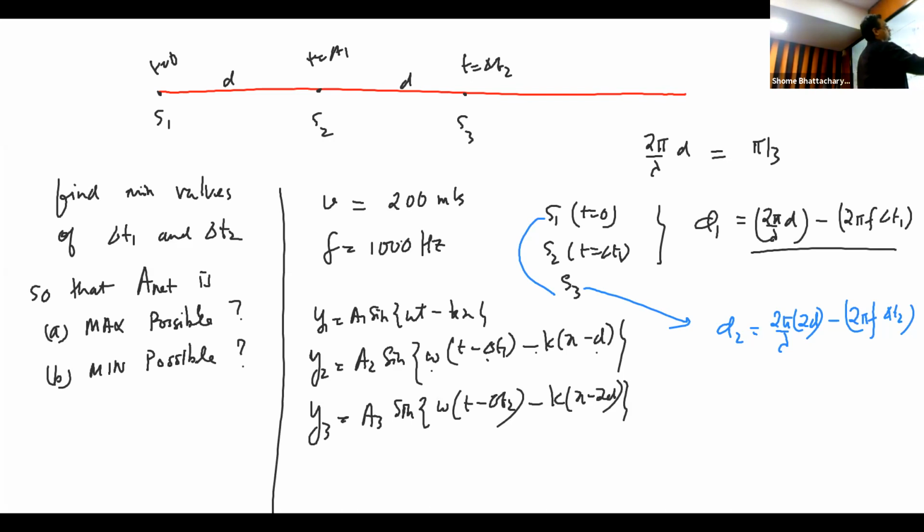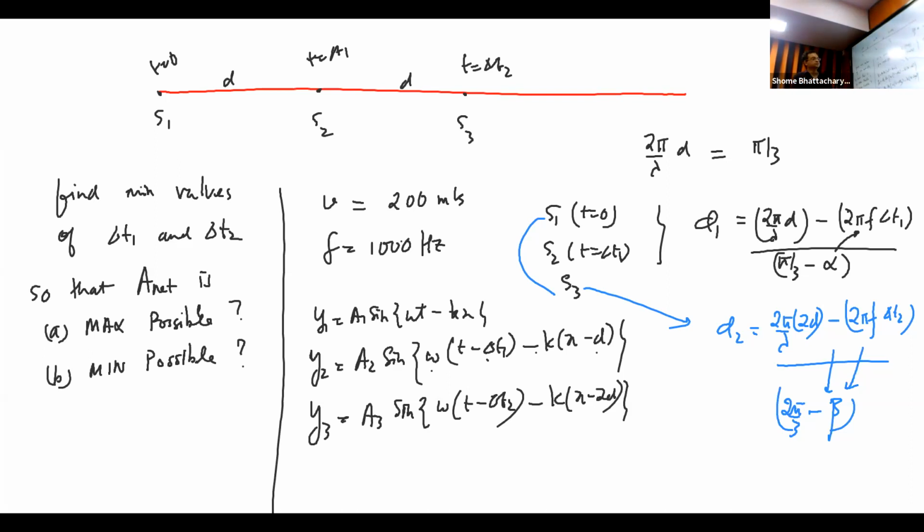So we are looking at a situation where this value is pi by 3 minus alpha, where alpha is basically this term. And this value is 2 pi by 3 minus beta, where beta is this value.